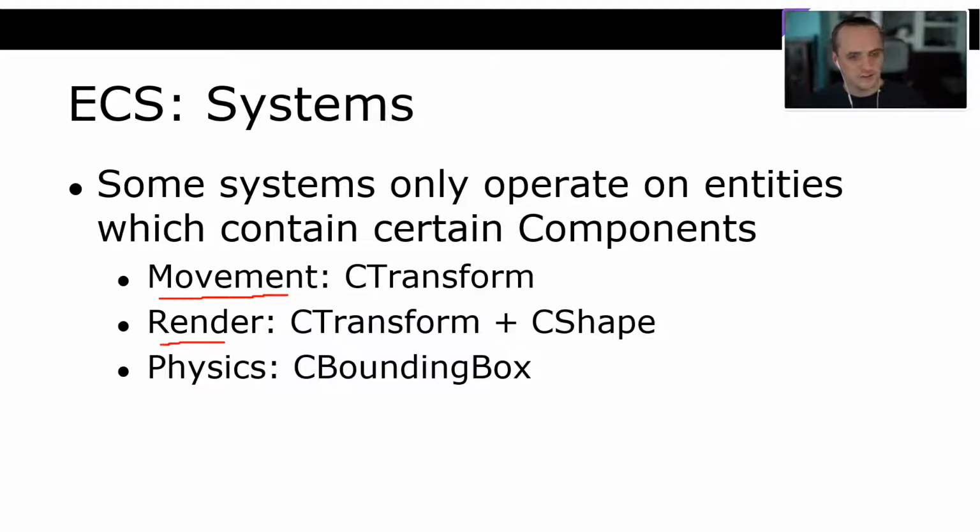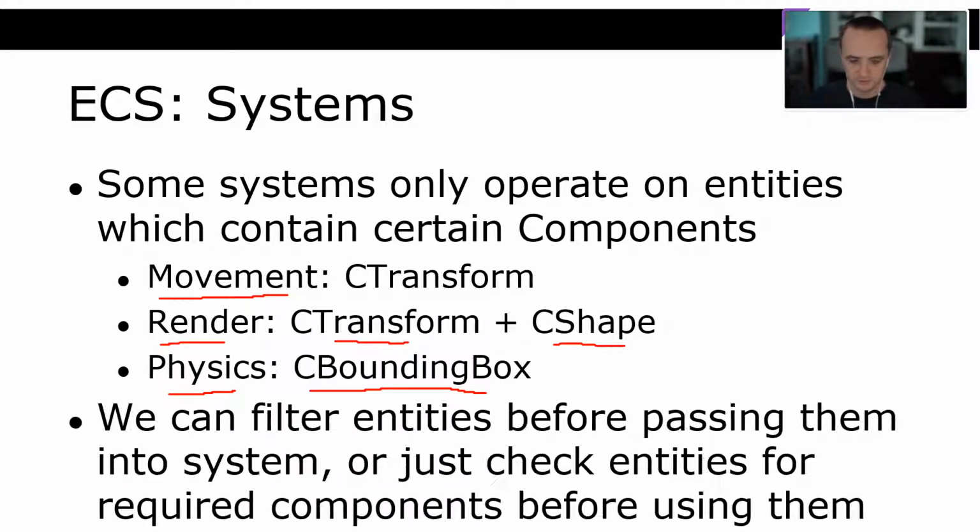The rendering system will only be applied to entities that have both a transform and a shape component, so now we're getting a little more complex. And for example, if we had a physics system that detected if 2 enemies collided with their bounding boxes, then the physics system would only operate on things which had a transform as well as a bounding box.